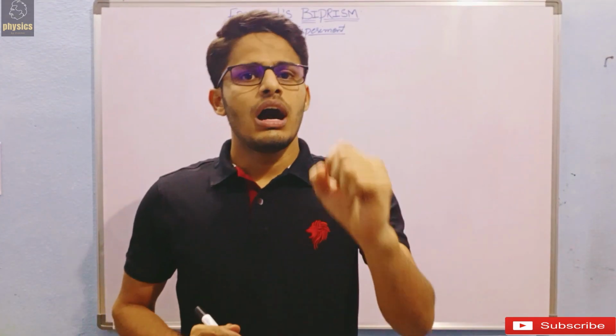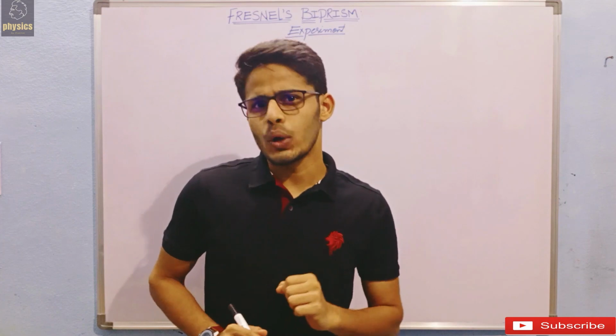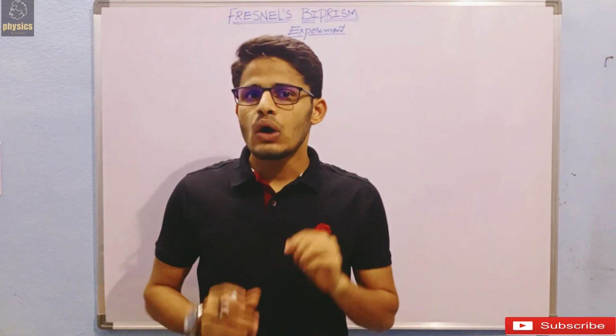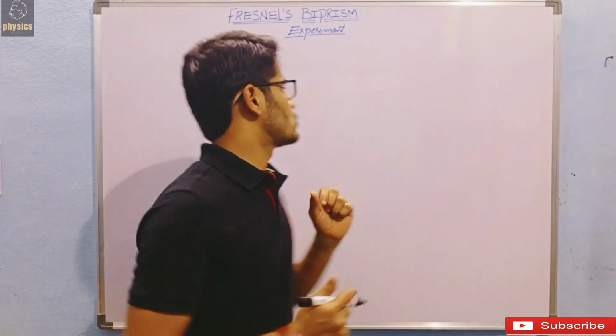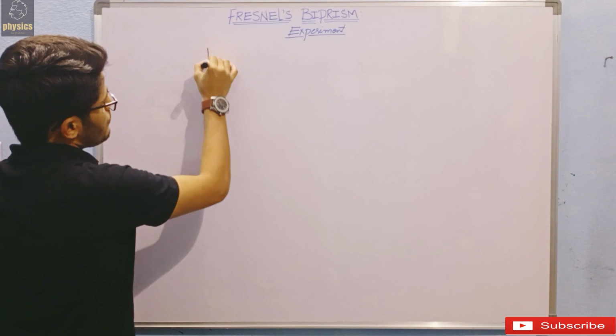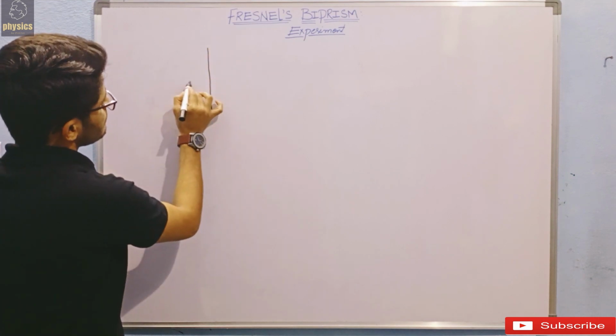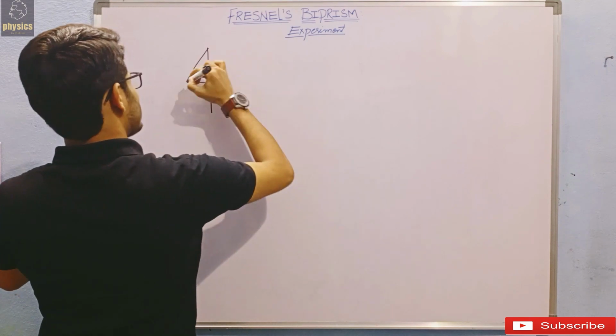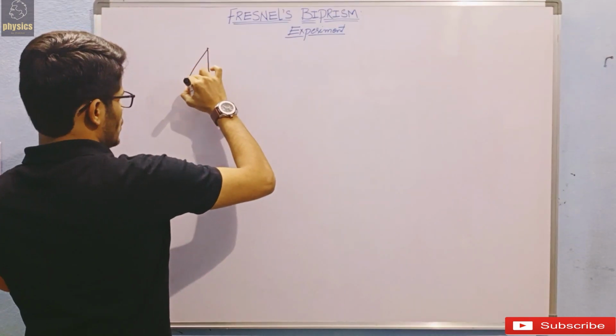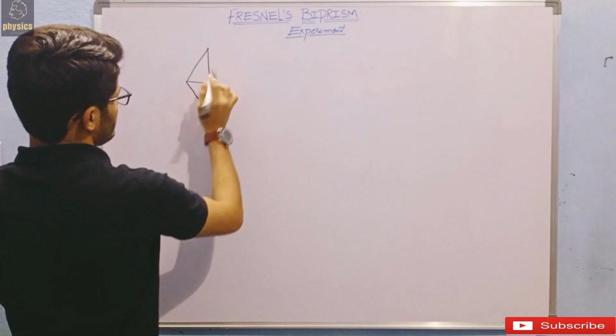He used a biprism to get the coherent sources, and I'll tell you how that biprism gives you coherent sources. This is the biprism. Bi means two. Actually, he used two prisms: here's one, there's the other.